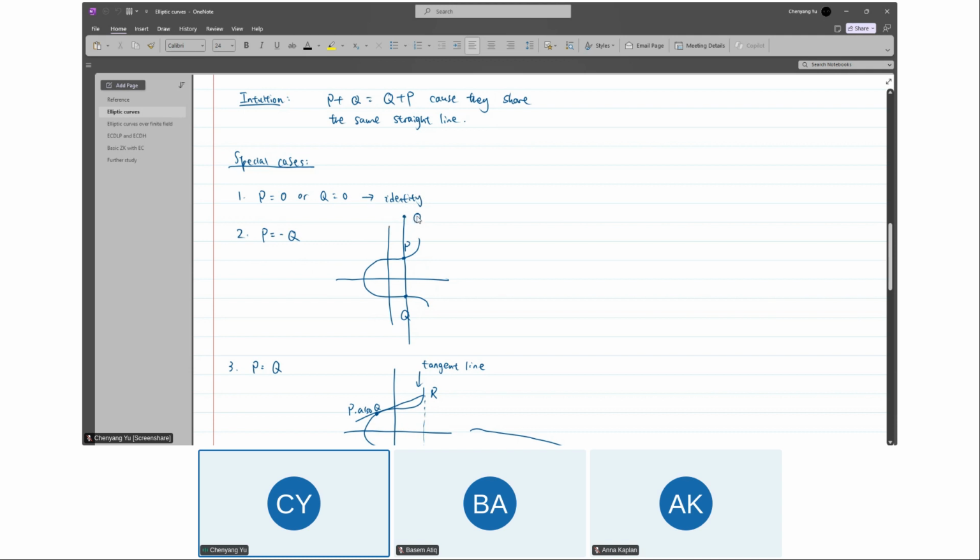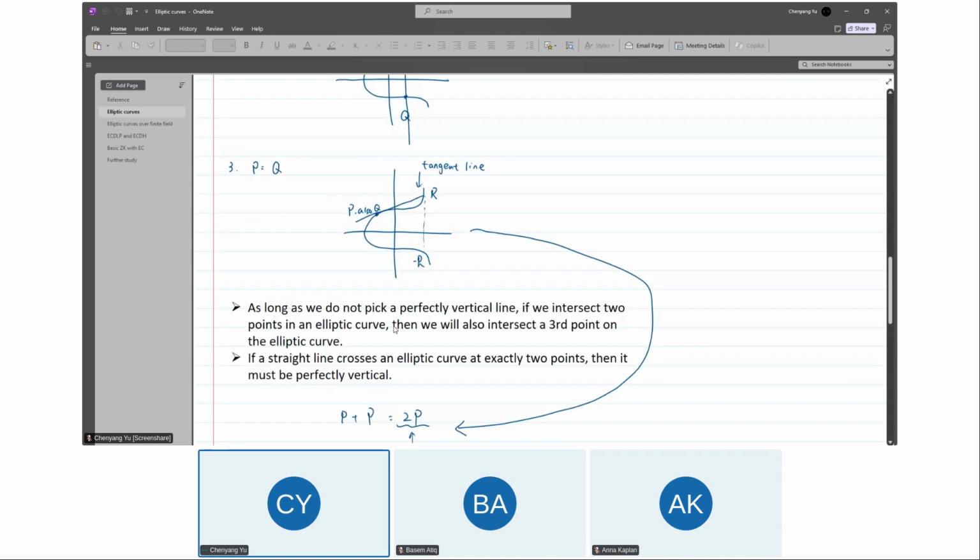I just visualize it as some point way up here. You don't have to think about where this point is. It's just imaginary. It is the identity element in addition. So P plus Q equals O.